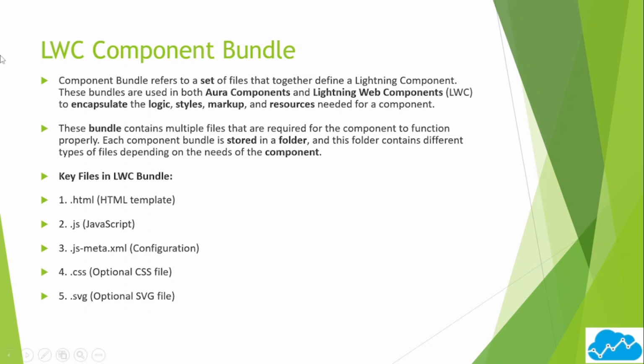The first three files are basic, important files. Whenever we create any Lightning web component, these three files get created. The first one is filename.html, the HTML template. The second one is filename.js, the JavaScript file.